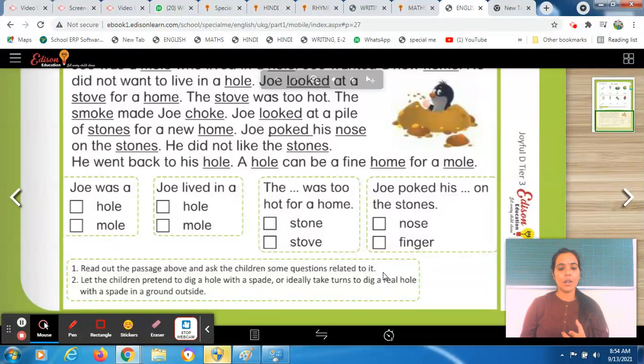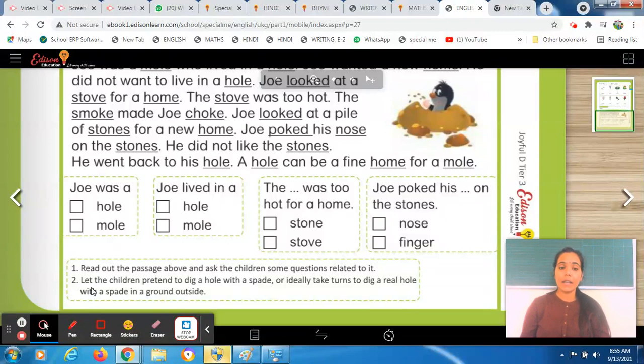Parents, it's a request that we give them the initiative to read this passage carefully and understand it well. Then you can post some questions given over here. You can also post some simple questions with the passage, as per your choice, and students should be able to answer those questions.